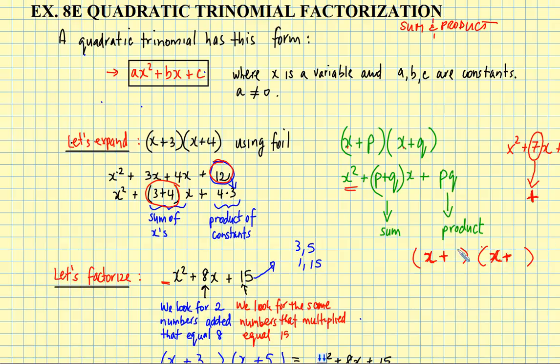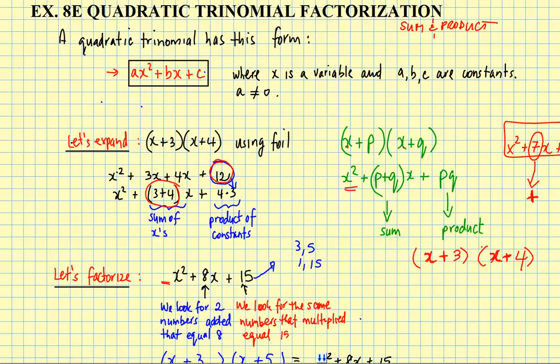And then the last thing I'm going to do is write down 3 in the first and 4 in the second, or vice versa, so that if I multiply these through again, I should get back to x squared plus 7x plus 12, which is up here.